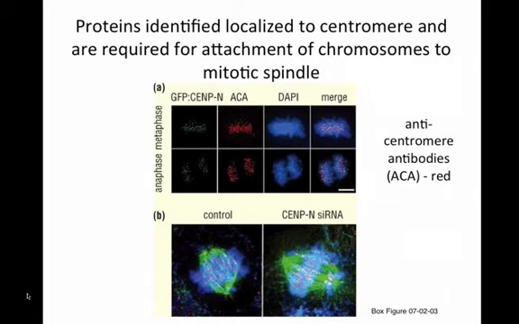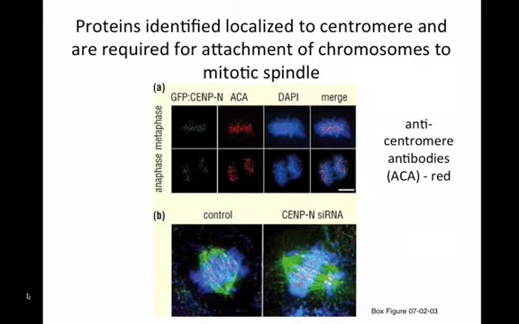Yes. So here what they did is they got rid of SUMP-N. The whole point is trying to prove SUMP-N is part of the kinetochore. So you need to show that there's some defect in kinetochore function when you remove it, if it's truly a part of it. If you didn't see any effect and it looked exactly like this, you would say, maybe SUMP-N isn't part of the kinetochore.